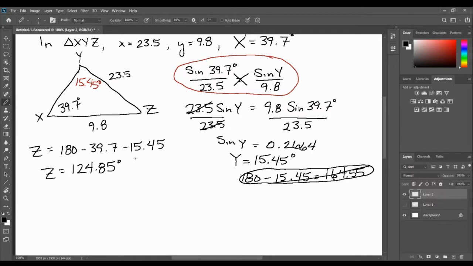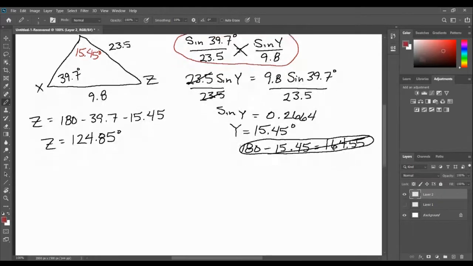So that's angle Z. And they probably tell me to round to the tenth. I don't remember. But I would follow the rounding that they ask for in my math lab. So let me come up here and type this in.